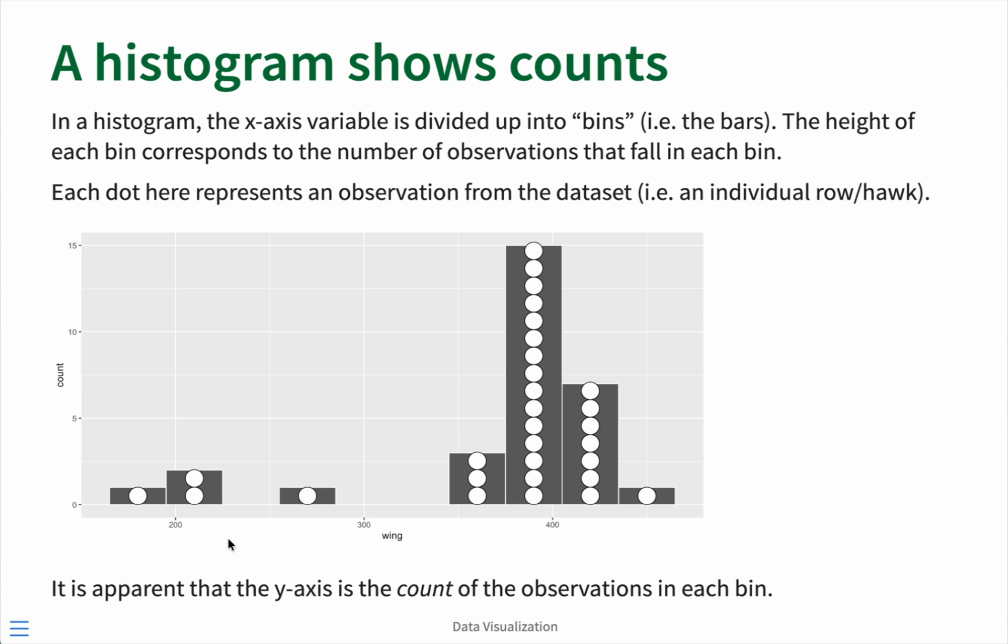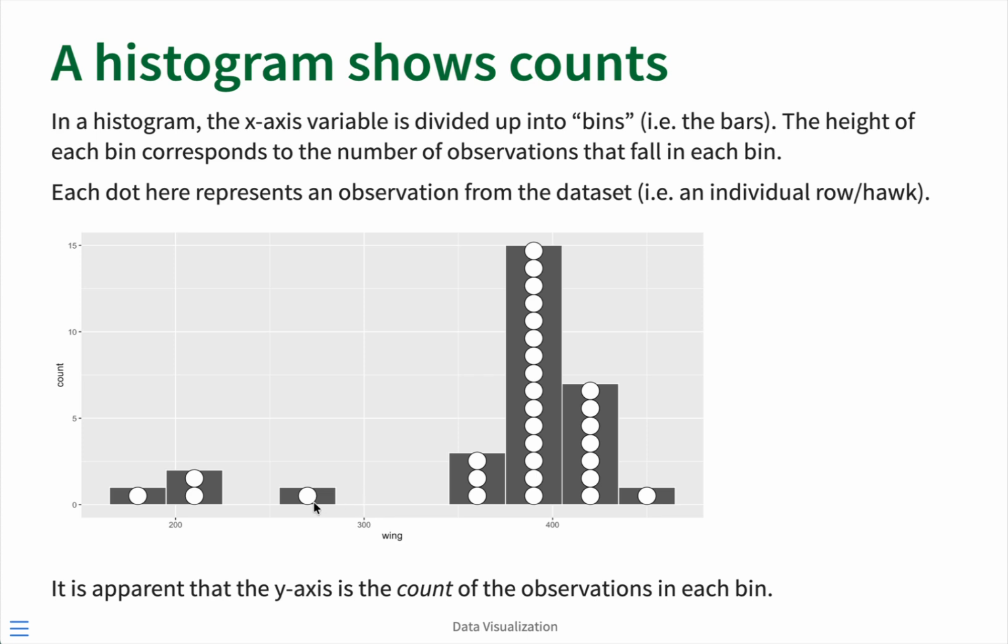And what's happened is we've divided up the range of wing lengths on the x-axis here into a number of bins, right? The width of each one of these bars, each bin, goes from a certain wing length up to an upper wing length. And then we say, well, how many hawks fall within that range?